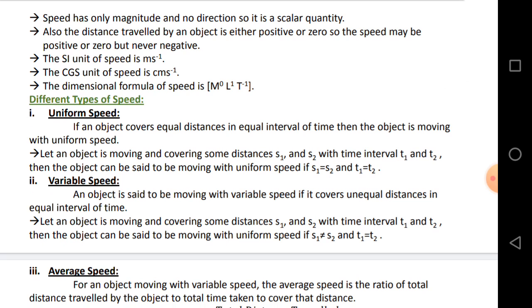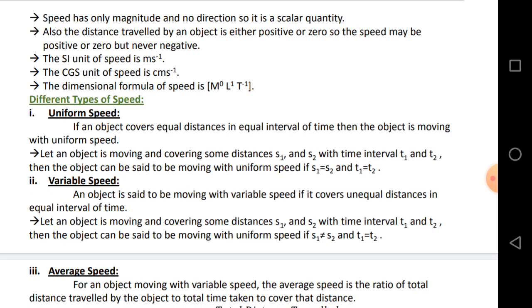First is uniform speed. If an object covers equal distance in equal intervals of time, then the object is moving with uniform speed. Let an object be moving and covering some distances s1 and s2 in time intervals t1 and t2. Then the object can be said to be moving with uniform speed if s1 equals s2 and t1 equals t2.